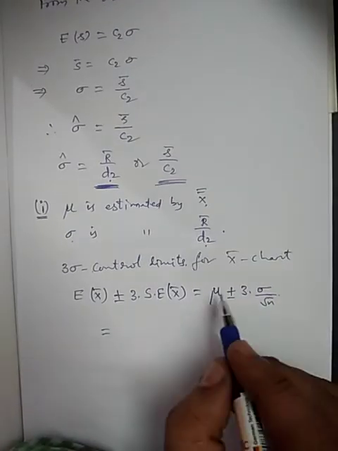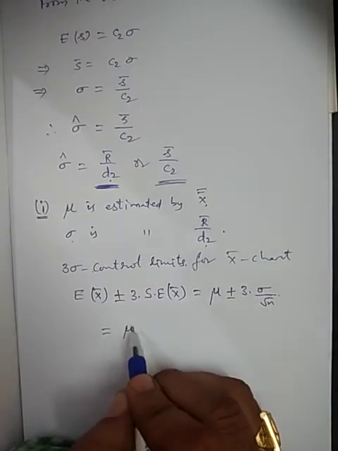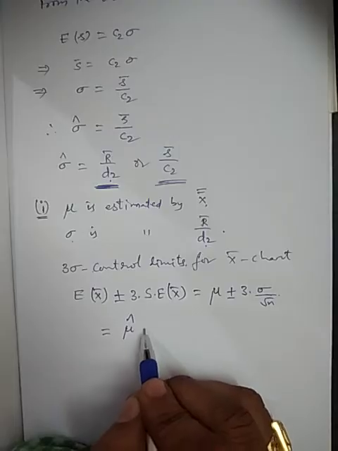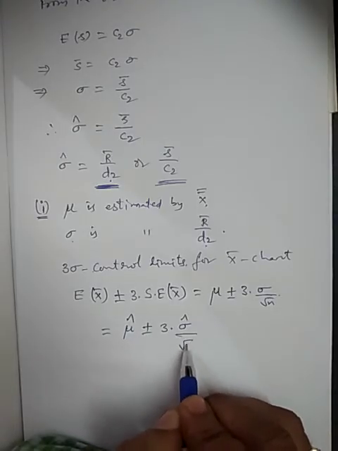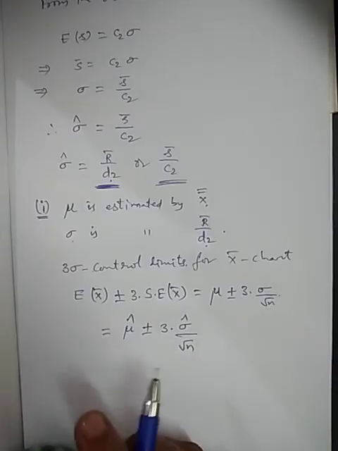Mu should be estimated because it is not a known value, plus or minus 3 into sigma, which is also not known, so we have to estimate sigma as well.